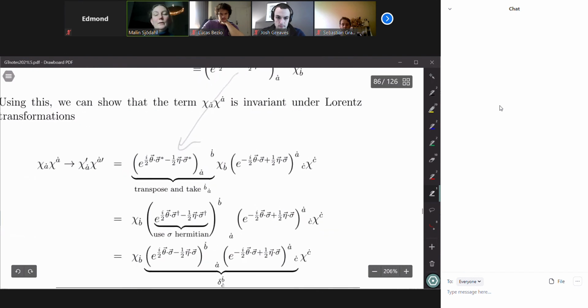This was one of the starting transformations, and so this is standing here. Then I have, of course, a number of summation indices. So this thing here with the free index alpha dot corresponds to this guy, Lorentz transformed.